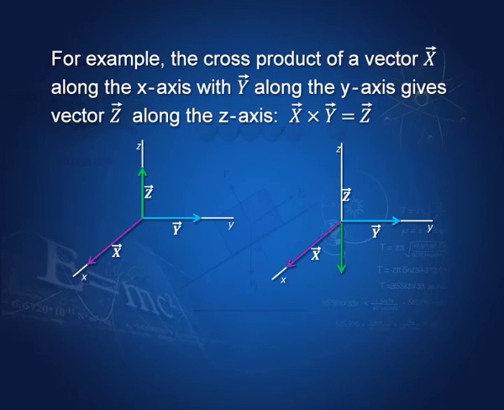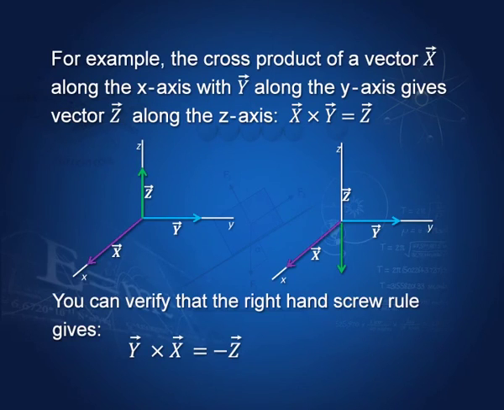Therefore, y cross x is downwards, in the minus z direction, as I will show you here. This is in the positive z direction and this is in the negative z direction. So, the cross product of vector x and vector y is along the positive z direction, and the cross product of vector y with vector x is in the negative z direction.